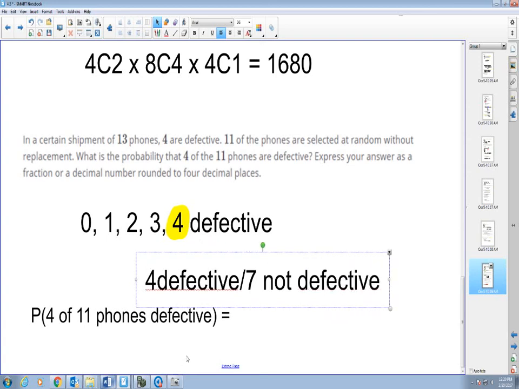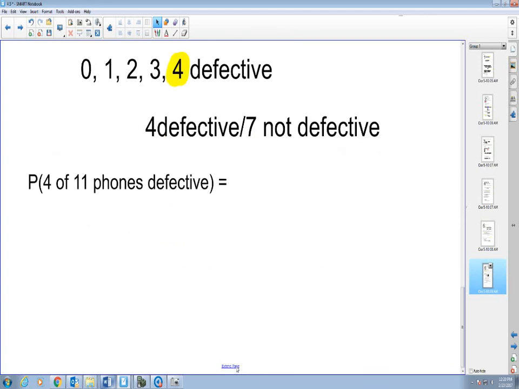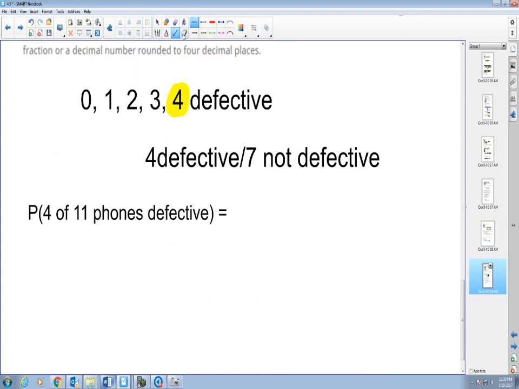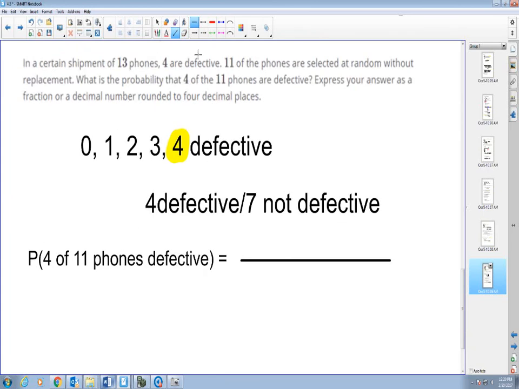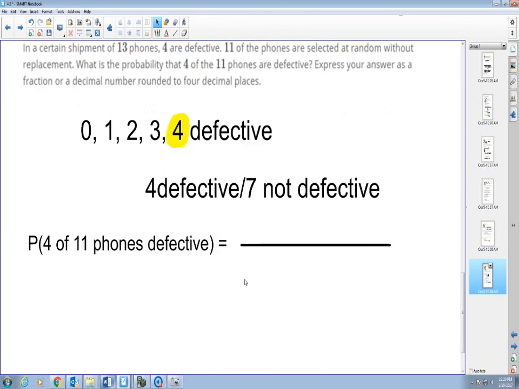So that's the scenario. With 4 defective phones total, I'm choosing all 4 of them, followed by choosing 7 that are not defective. But how many phones do I choose from?